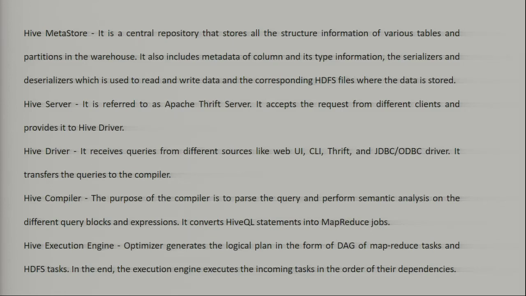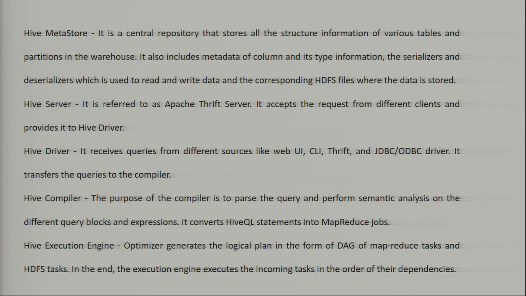The purpose of the Hive compiler is to parse the query and perform semantic analysis on the different query blocks and expressions. So the compiler parses the query and performs semantic analysis on each of the blocks and expressions available. After this, it converts the HiveQL statements into MapReduce jobs.